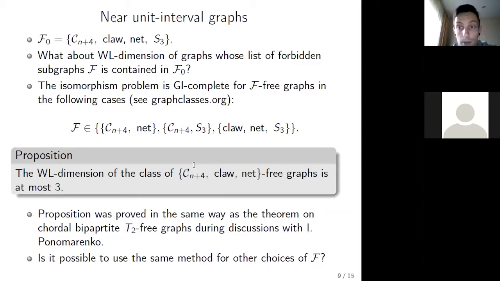Maybe it is possible to consider other possibilities for the list of forbidden subgraphs and to find when Weisfeiler-Leman dimension becomes unbounded. Maybe it is possible to use exactly the same way which was used in this proposition and the previous theorem.